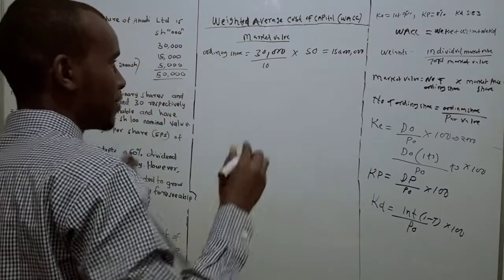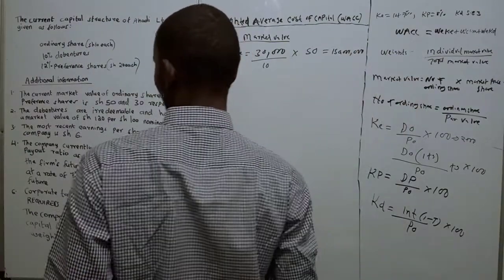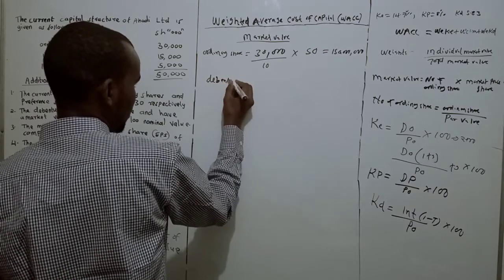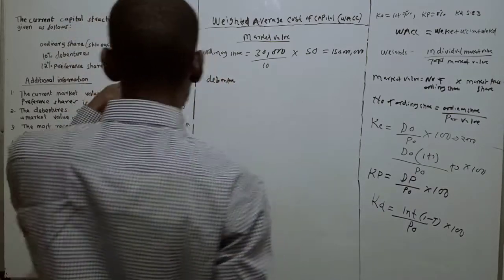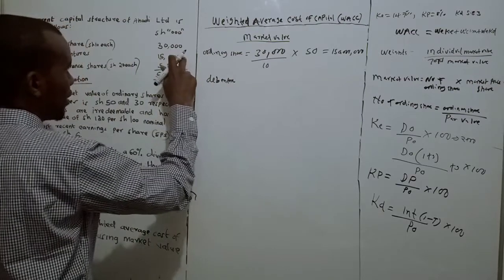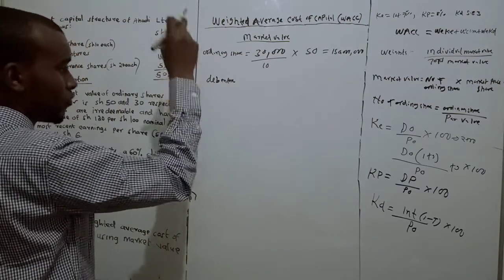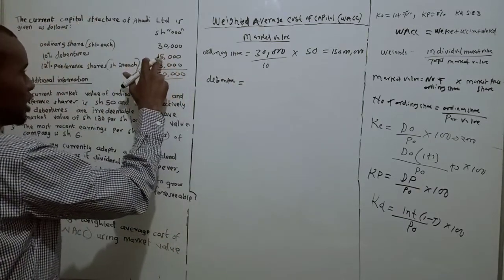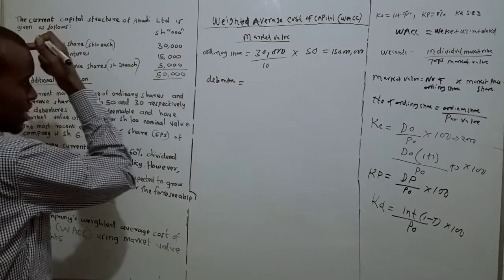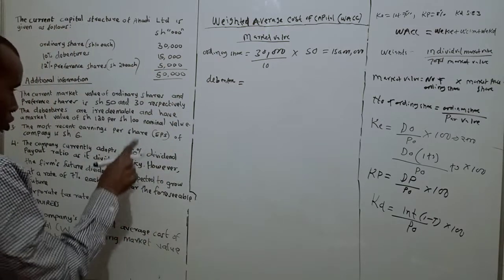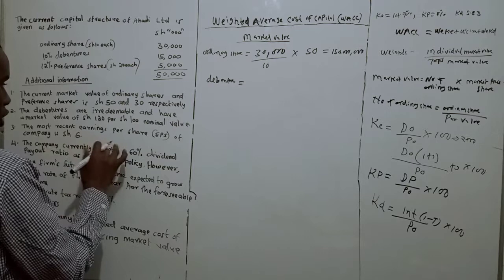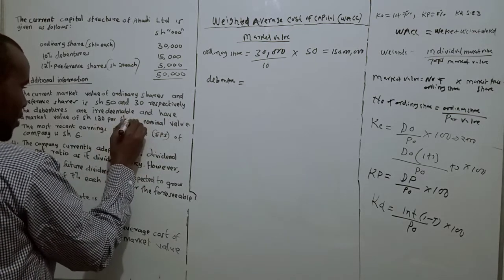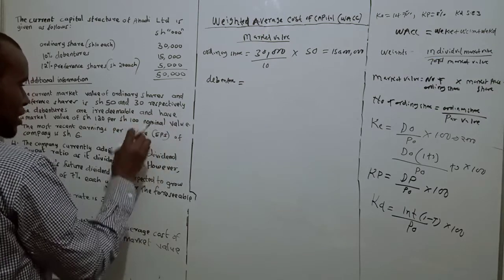Now, that is the market value for ordinary share. Let's get the market value for debenture. We first get the number of debentures by taking the debenture amount and dividing by the par value. From additional information, we have the par value as 100. Remember, nominal value is the same as par value.